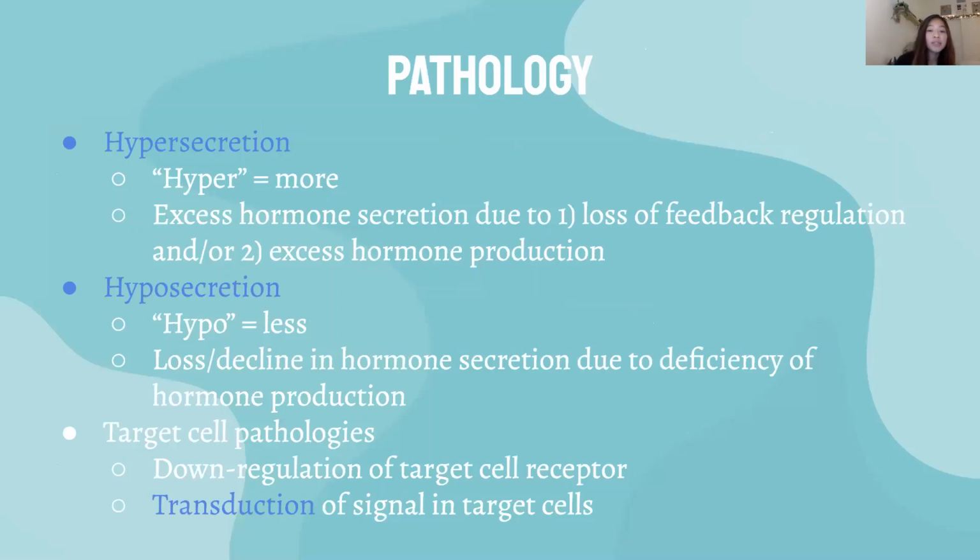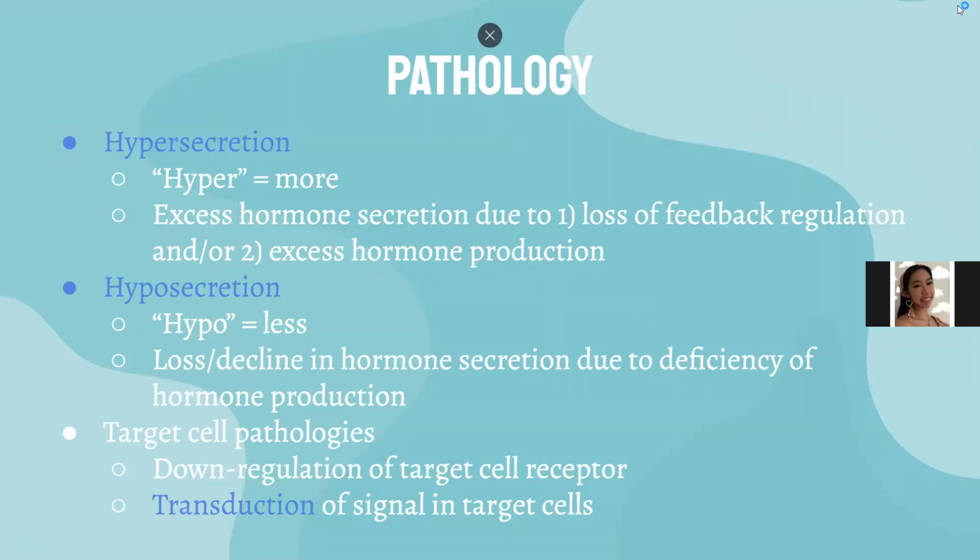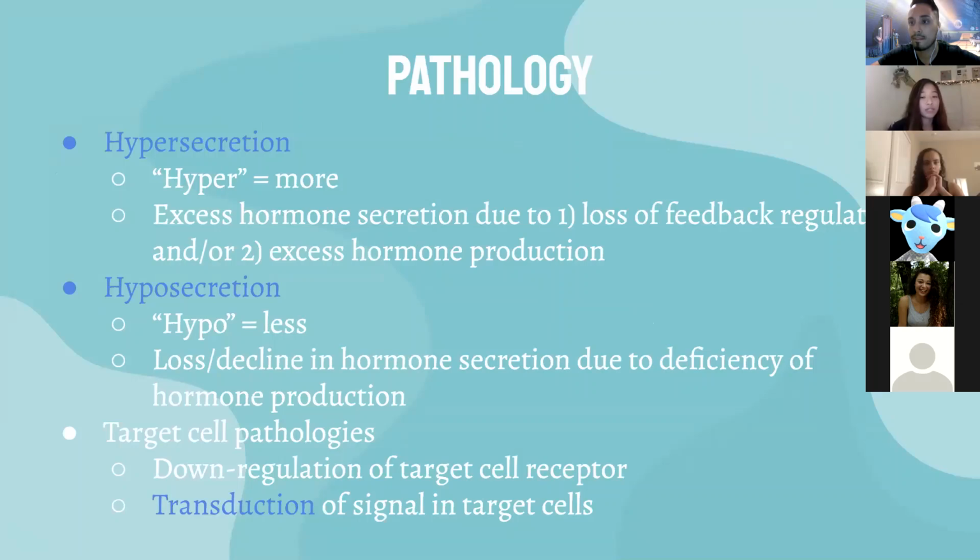So these are just pretty much some vocab I'm throwing at you for this slide. You should know the difference between hypersecretion versus hyposecretion. Hypersecretion is excess hormone secretion due to loss of feedback regulation and/or excess hormone production.